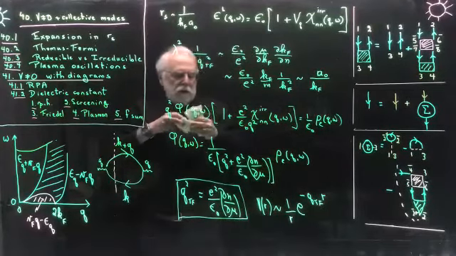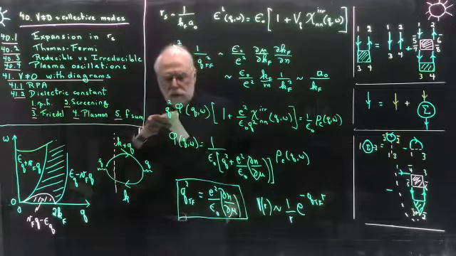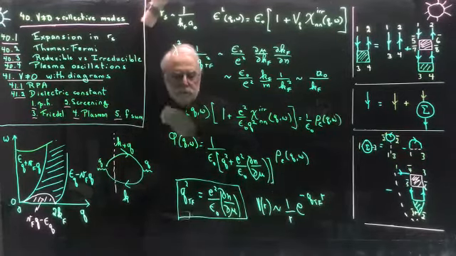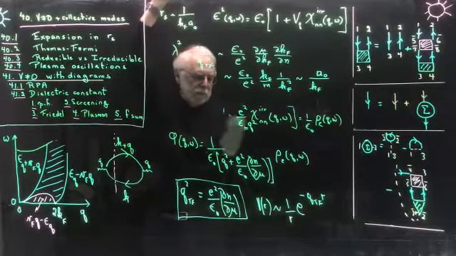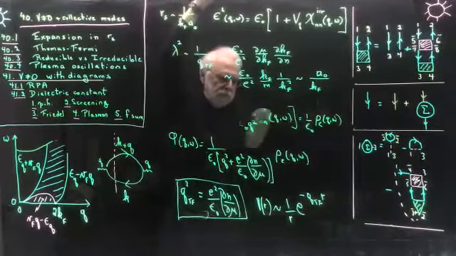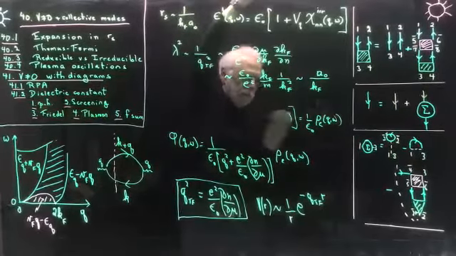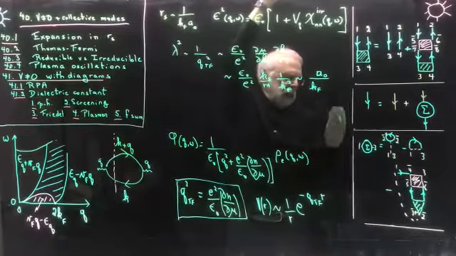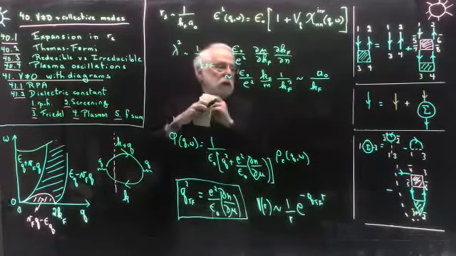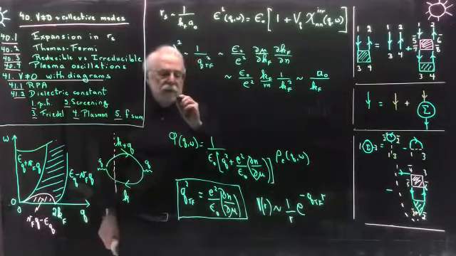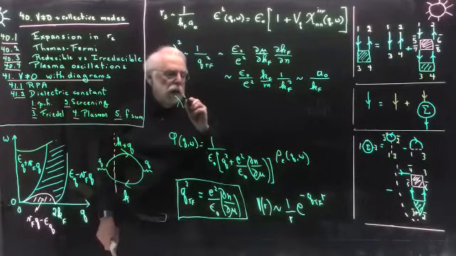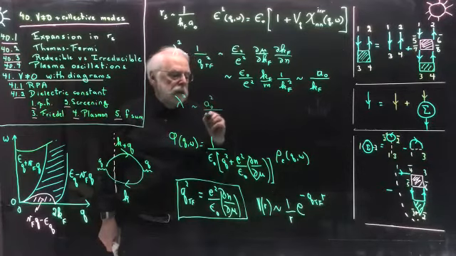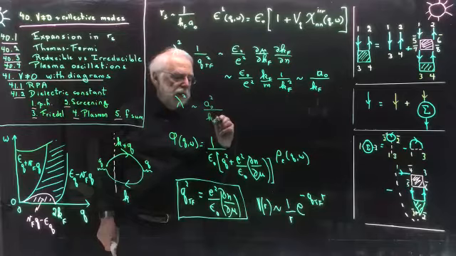Now remember, we just want to see how it scales with a_0. So it means that lambda squared goes like a_0 squared times k_F a_0.